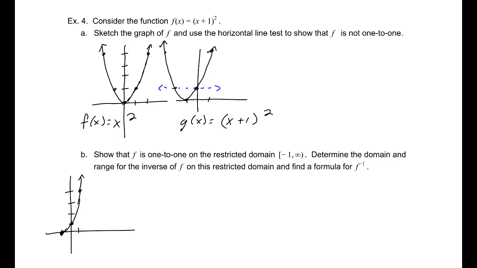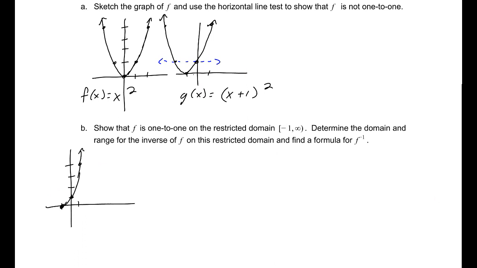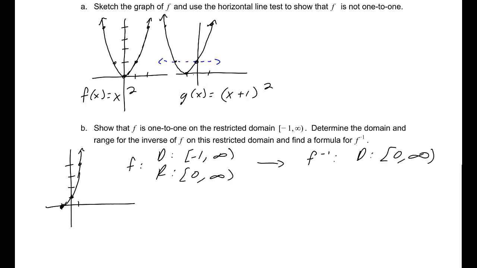Now in this case it is one-to-one when we restrict the domain because no horizontal line would ever cross twice. We've taken one of the branches off. All right, let's determine our domain and range. For f, the original function here, the domain is negative 1 to infinity, and the range is 0 to positive infinity, which means that f inverse will have a domain of 0 to infinity and a range of negative 1 to infinity.